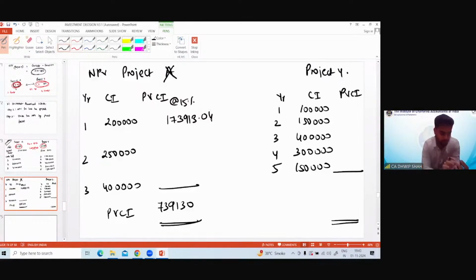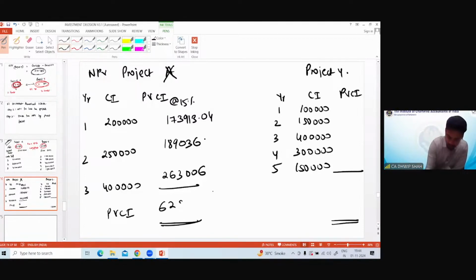And for 4 lakh in your calculator, press division sign, enter 1.15 and press equal to 3 times. 263,006 plus 180,036 plus 173,913. How much is coming?